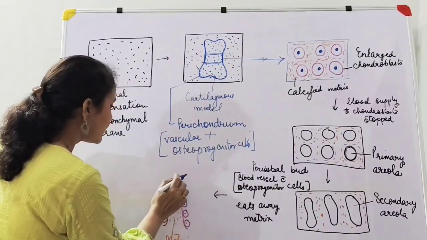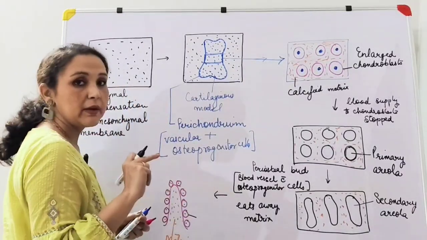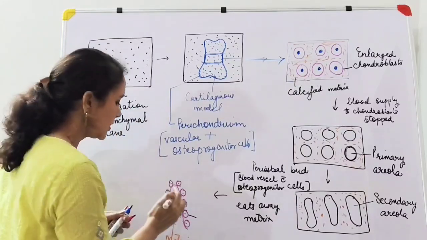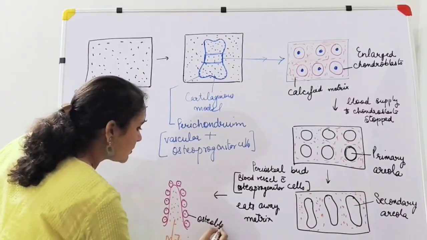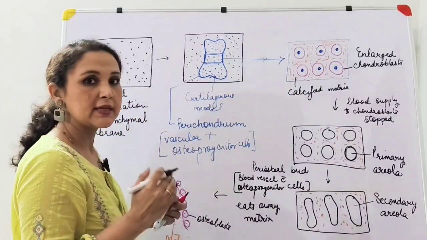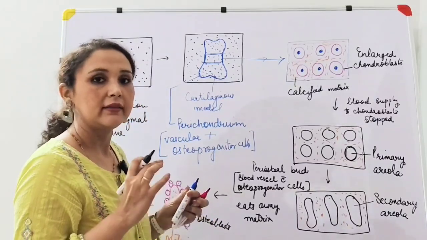Now all the rest of the steps will be repeated from intramembranous ossification. That is why I said to go through that video first. So now again we have the osteoblast. What will happen? Similar steps. The osteoblast will lay down the ossein fibers and then the matrix.